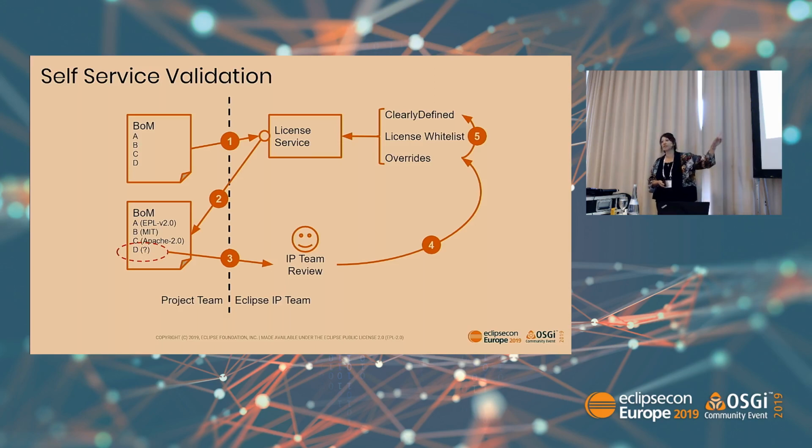Any other questions on this slide for those that are familiar with our process? So the bill of materials that we refer to here is, at this particular juncture, the output of the tooling that we're going to provide to you.